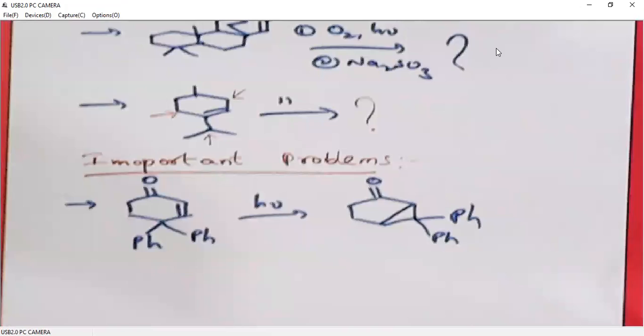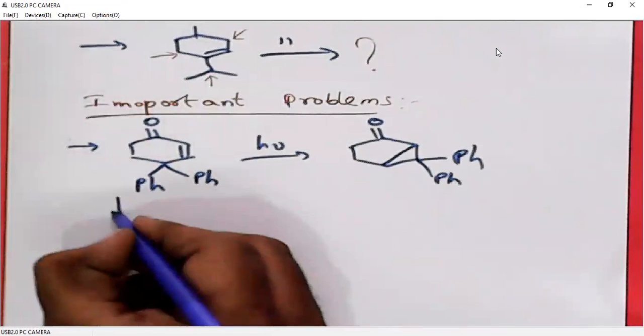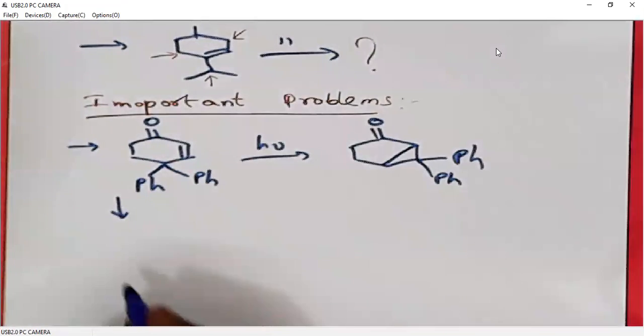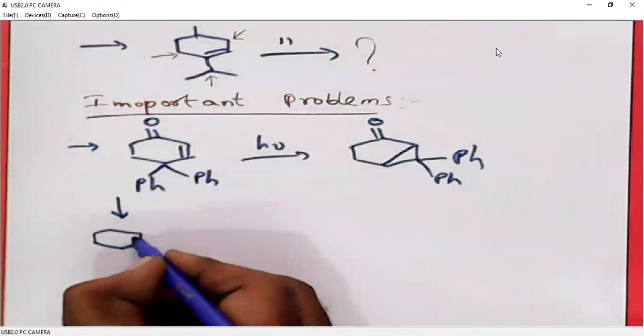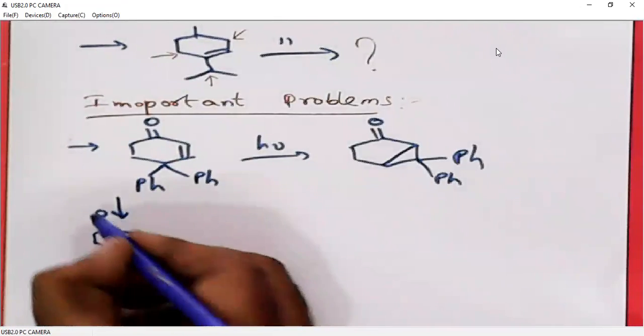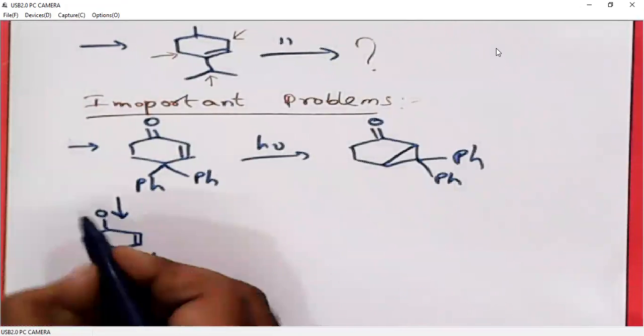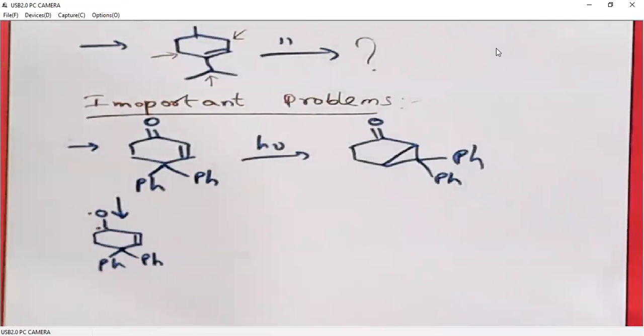It's a very simple thing. Under photochemical conditions, of course, we know the carbonyl is the first one to undergo excitation. So carbonyl will undergo excitation. It generates oxygen radical and carbon radical.